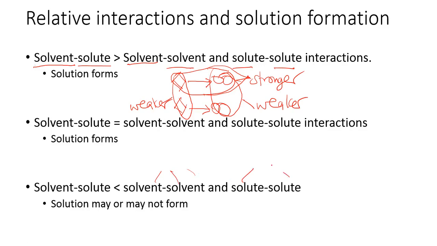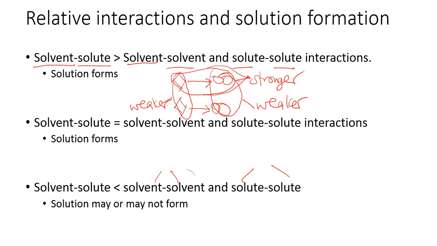If they are too strong, the solution is not going to form. If they are greater than this but not too strong, the solution may form. So really, it just depends on the situation. But what you want for a solution is for solvent-solute interaction to be strong, instead of solvent-solvent and solute-solute.